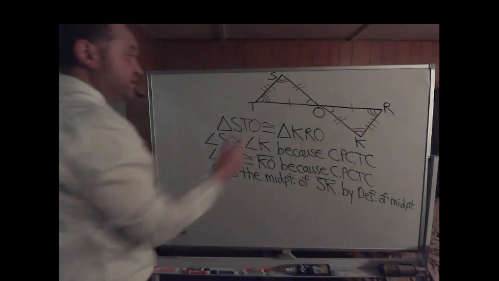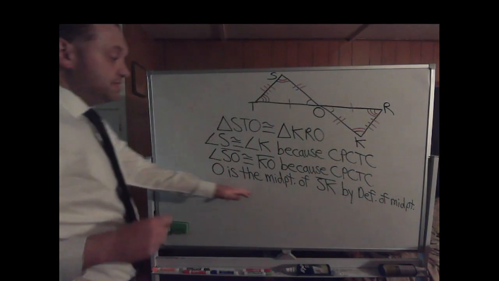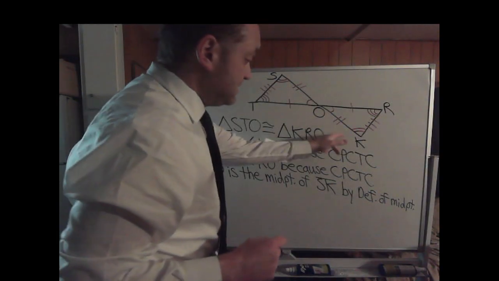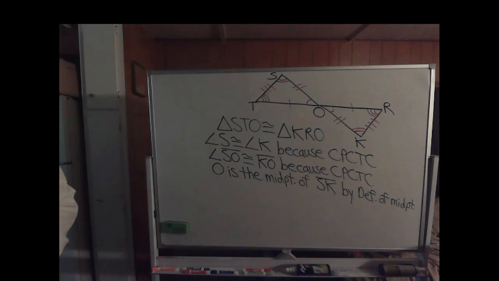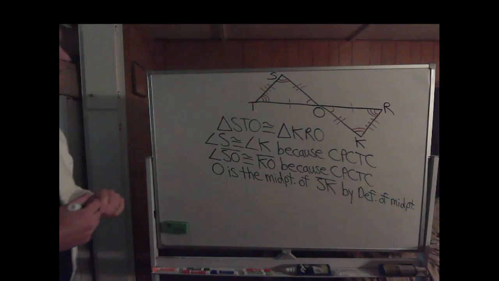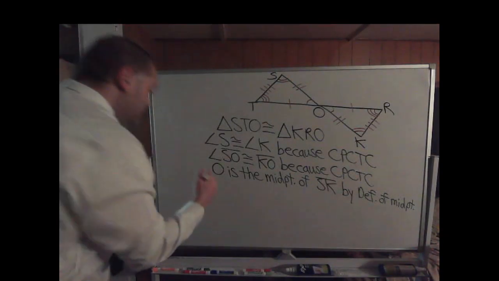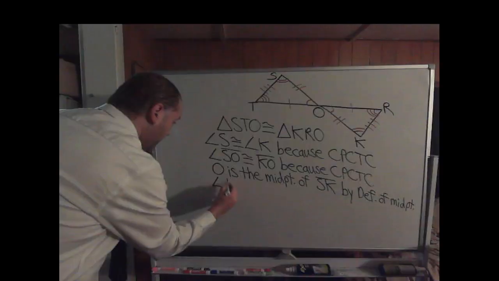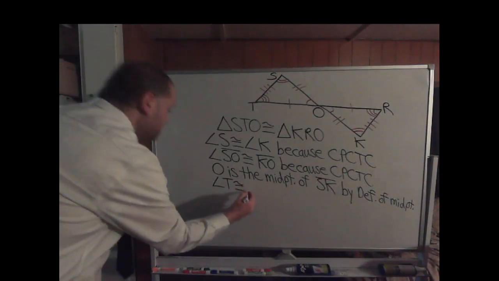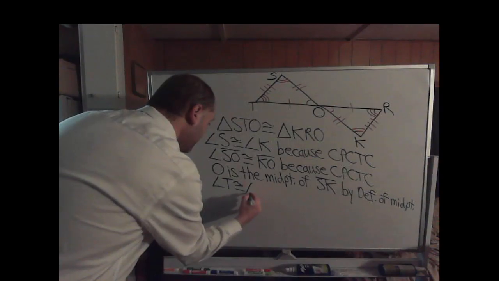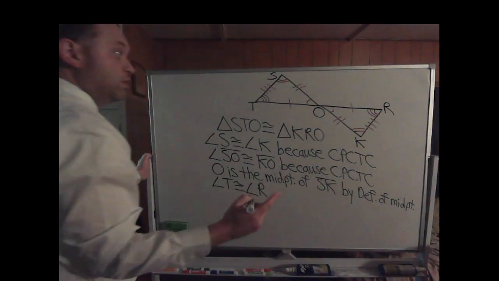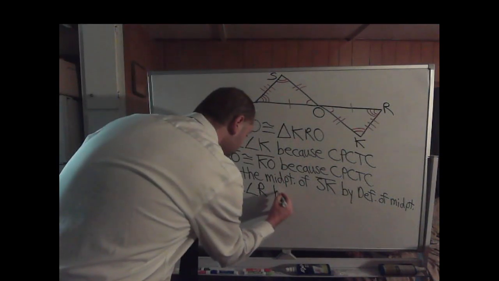So by the definition of midpoint, O is the midpoint of line segment SK. And then they ask for angle T is congruent to, look at your congruency markers, it looks like angle R, once again by CPCTC.